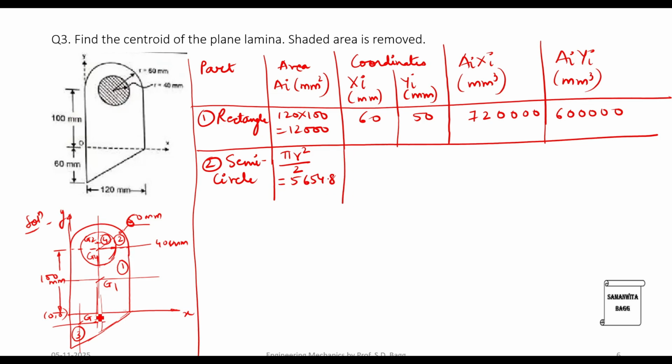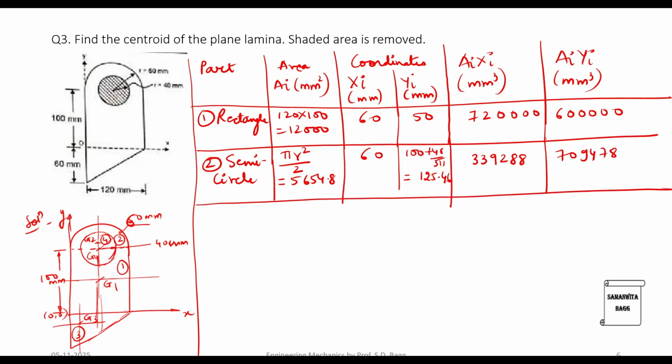Xi again is half, so this is going to be the radius in short, which is 60, and height is 120 plus this gap, which is 4r by 3 pi. So this will be 100 plus 4r by 3 pi. So this sums up to 125.46. Now you just have to multiply. So here you get 339,288 and here you get 709478.